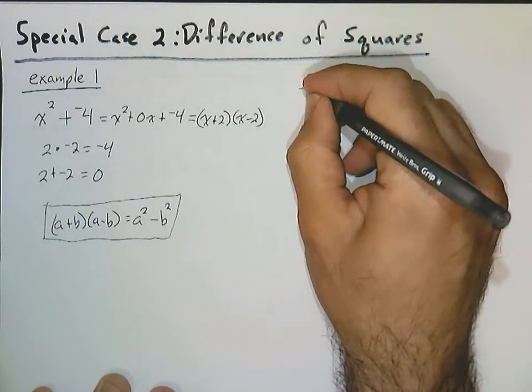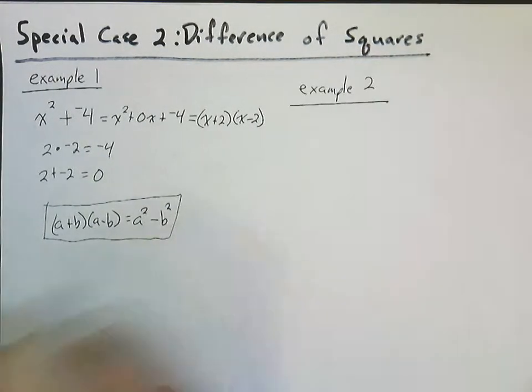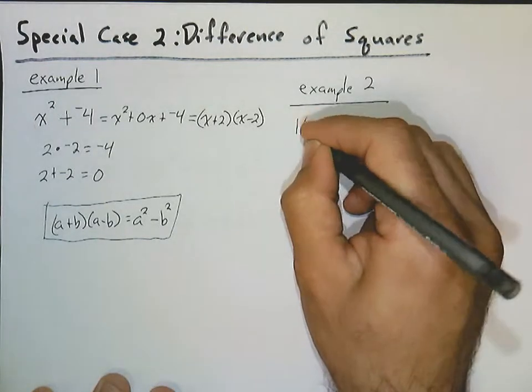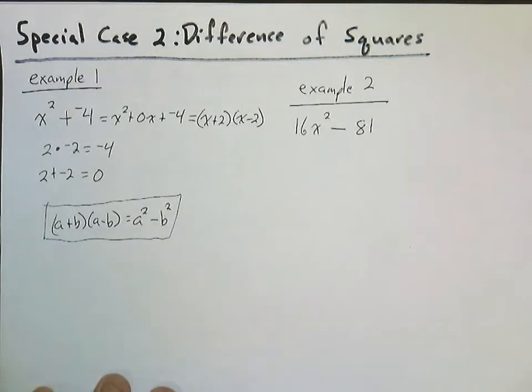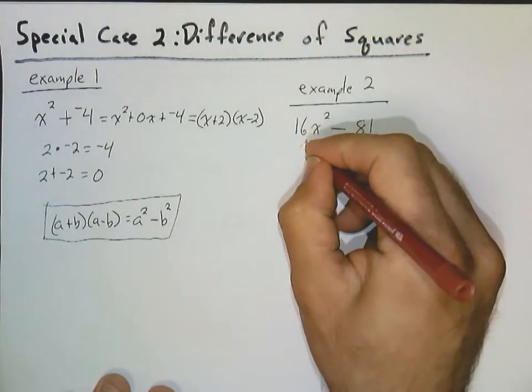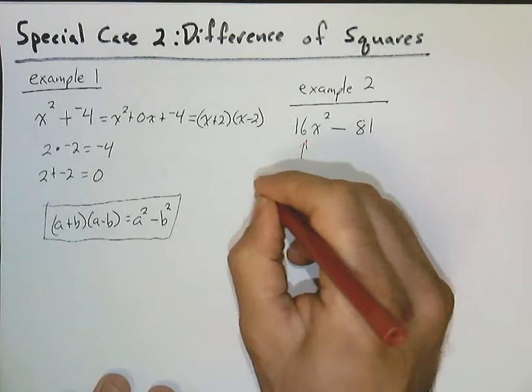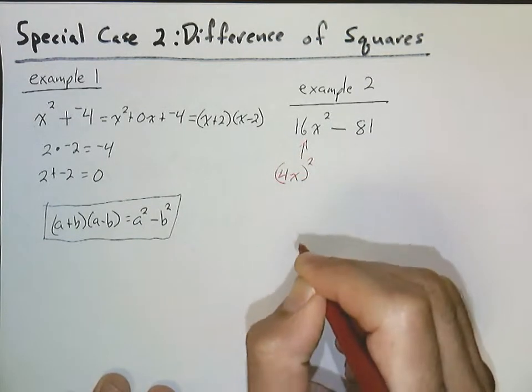Let's do one more example here. Something a little bit more difficult. 16x squared minus 81. Well, 16x squared, that happens to be 4x squared.